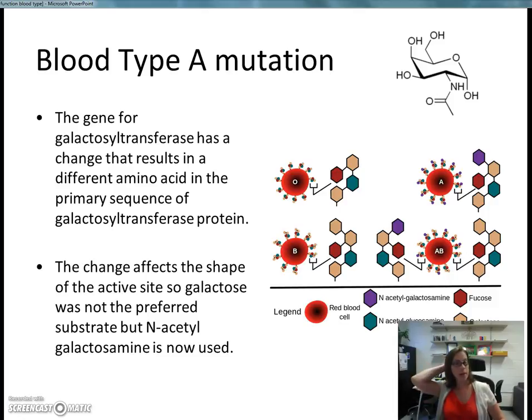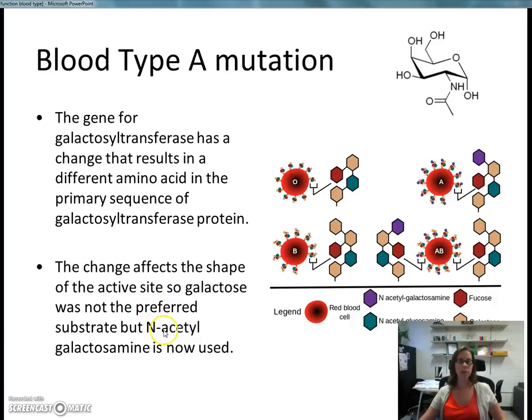So how do you get the blood type A? So blood type A is actually a mutation in this galactosyltransferase, and this mutation causes a change in the amino acid sequence, or the primary structure of the protein. And that change in the primary sequence changes the structure of the enzyme so that the ligand is no longer going to be galactose, but the ligand is the N-acetyl-galactosamine.